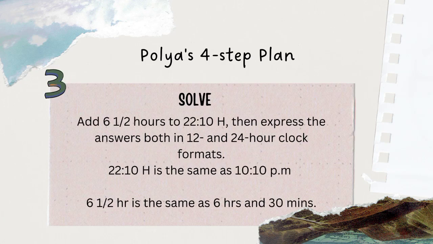Let's not forget that 22:10 hours is the same as 10:10 p.m., and 6.5 hours is the same as 6 hours and 30 minutes.